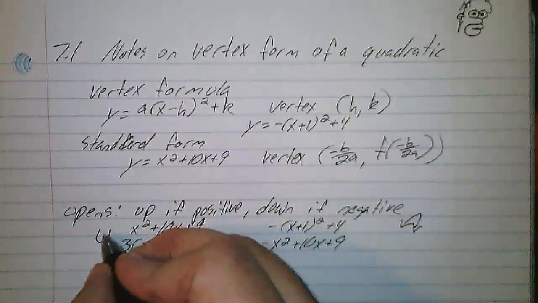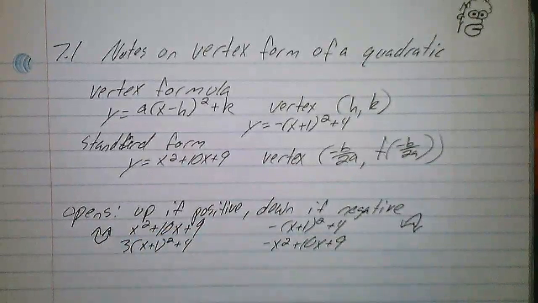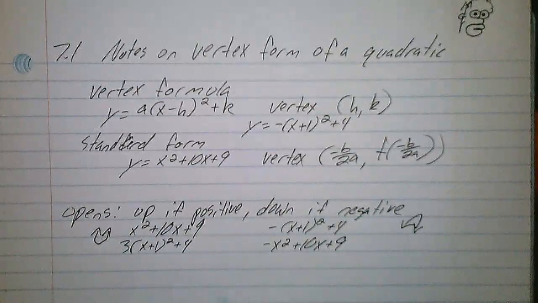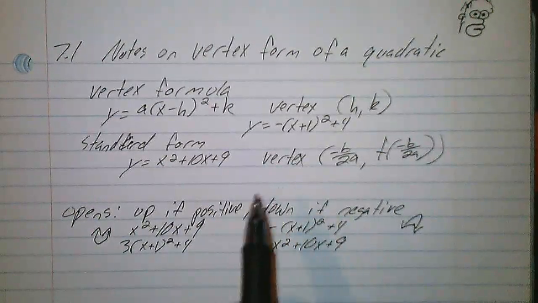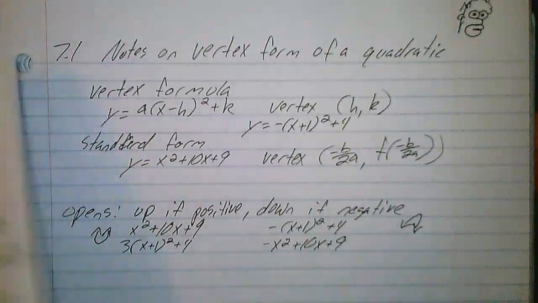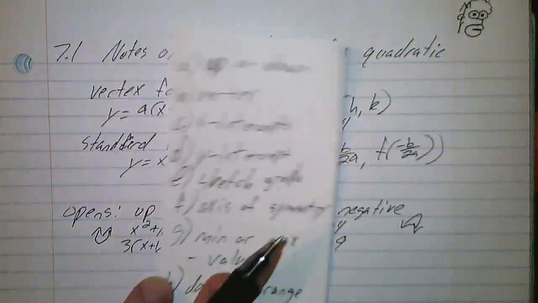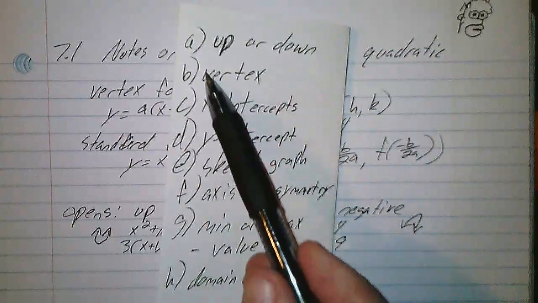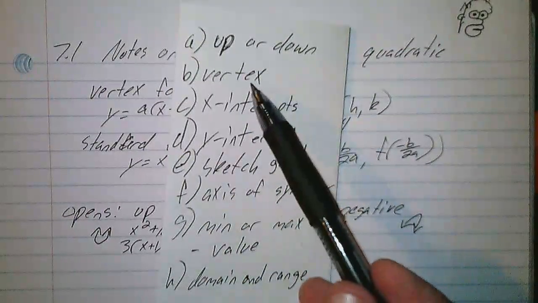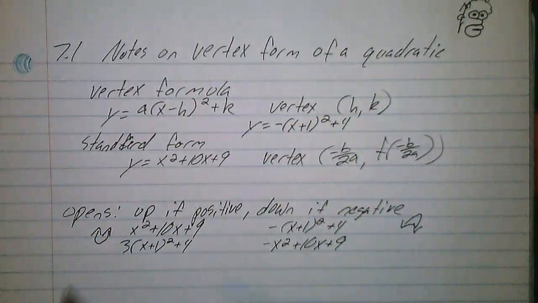So this opens up. So up if positive, down if negative. Every time in this homework section, to give you a sneak peek, you're going to be asked to find all of these pieces of information.